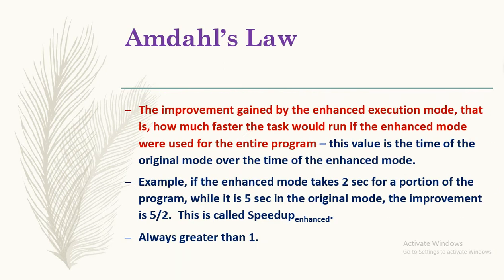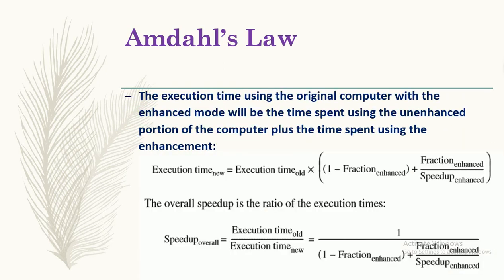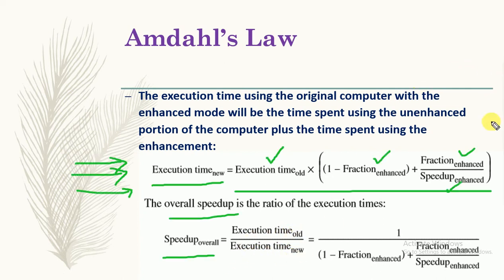So from there we have evaluated this formula, speed up overall, that is execution time of old to execution time of new. After evaluating this execution time of old to execution time of new based on the previous formula, we'll get the final overall speed up as 1 divided by 1 minus fraction enhanced plus fraction enhanced to speed up enhanced.